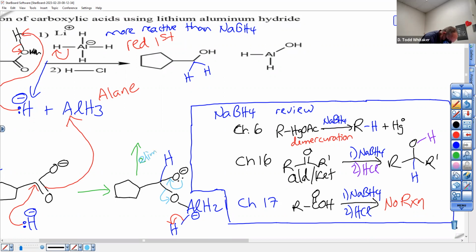Elimination makes pi. The blue part is the elimination part. And now we're into chapter 16. Because what functional group do you have now? That's an aldehyde.